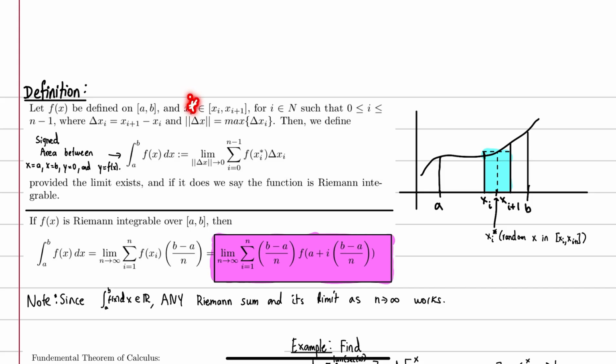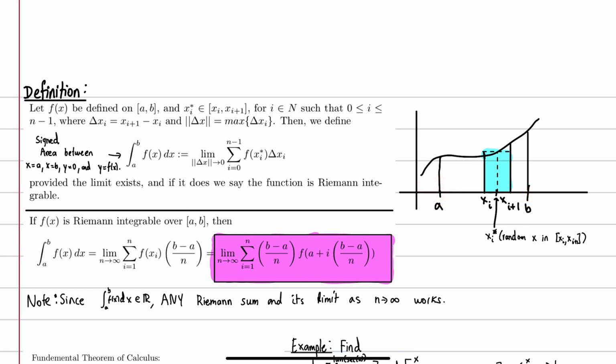So what does this little thing mean? This is a tag. X sub i tagged is just some point in any general subinterval. So we're talking about subintervals here. I have a random subinterval. X sub i is a random x coordinate. It can be any x coordinate in there, right? And i is just in the natural numbers, which can range all the way from here to the one right before b, which is n minus 1.